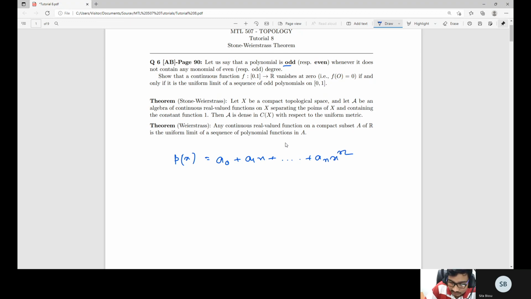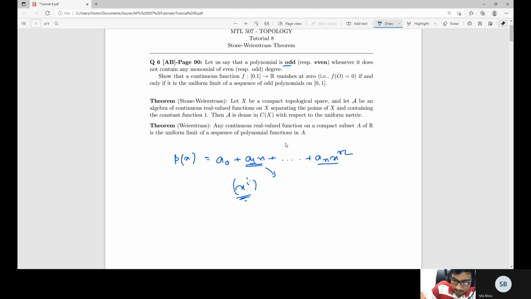Now these terms, let's say x^i, are called monomials. And if you see this one, say a1x, it is a monomial of degree 1. Similarly, this is a monomial of degree n, and so on.